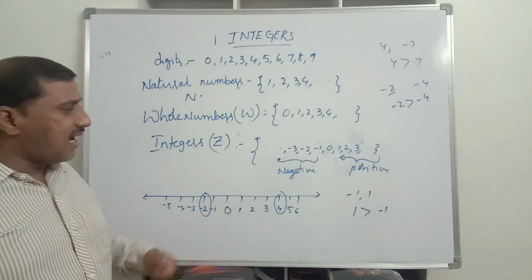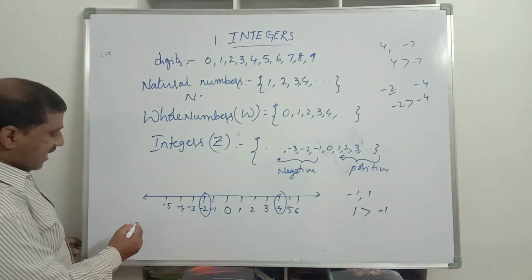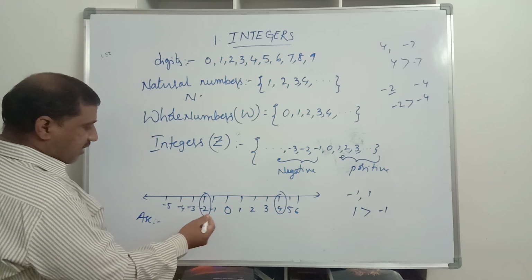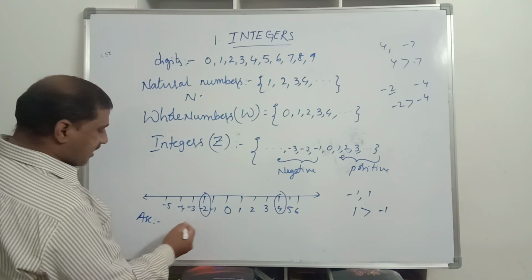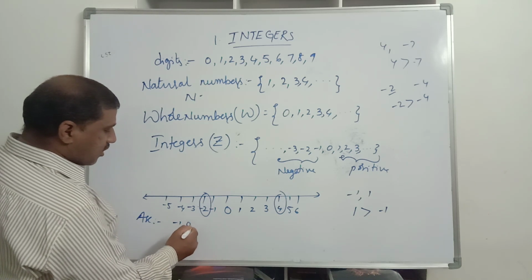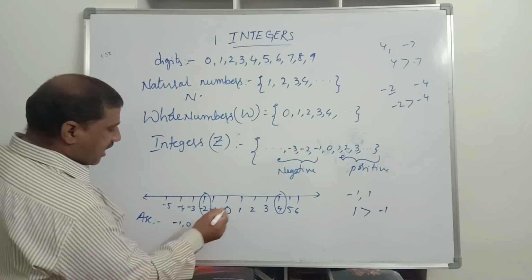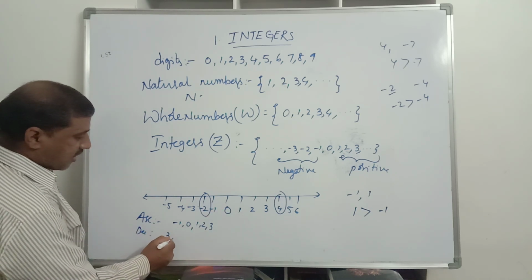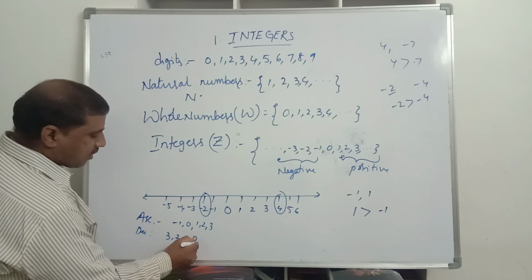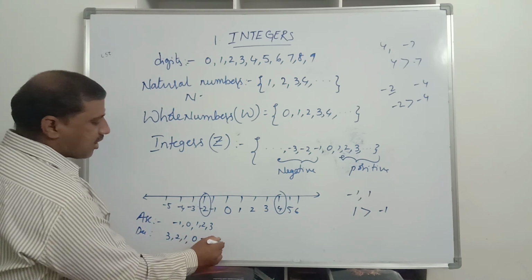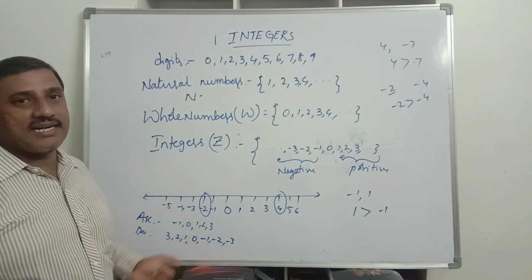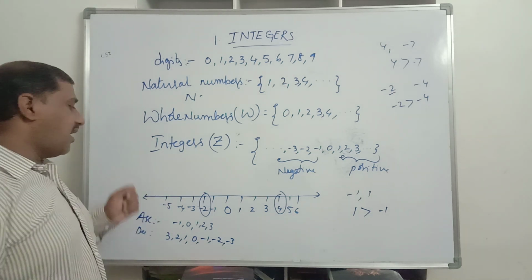Ascending order is -1, 0, 1, 2, 3, like this. Descending order is 3, 2, 1, 0, -1, -2, -3, and so on.